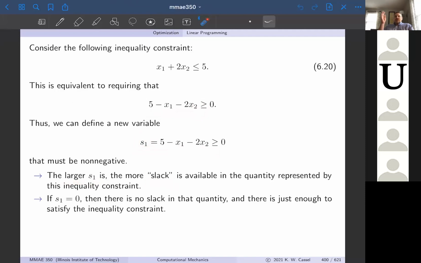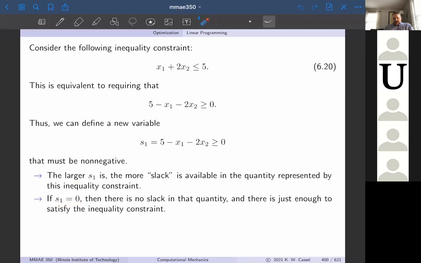So in other words, the bigger the difference between the right and left sides of the inequality. If s1 happens to be 0, then there is no slack. So 5 minus x1 minus 2x2 is equal to 0, and there is no slack that needs to be taken up by the slack variable.